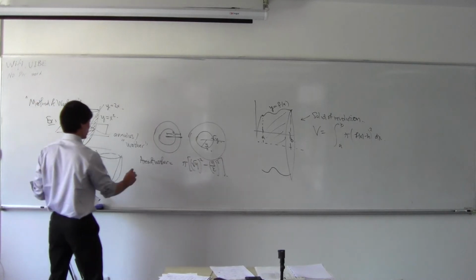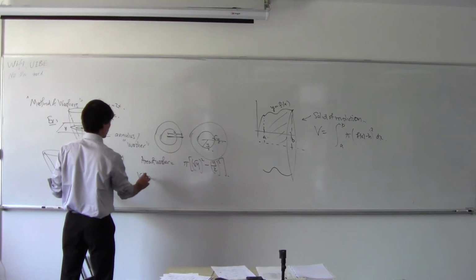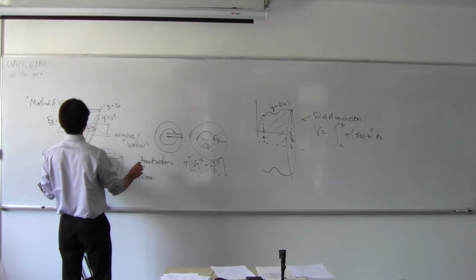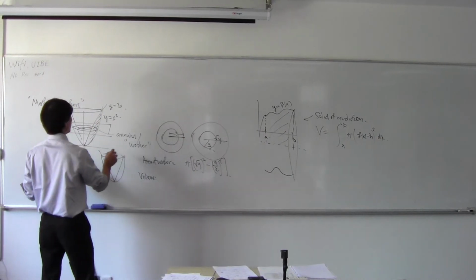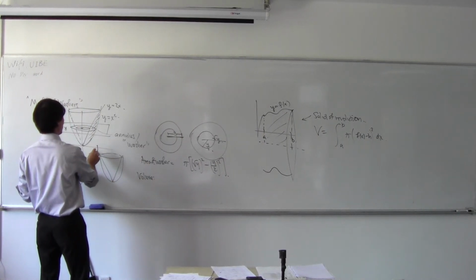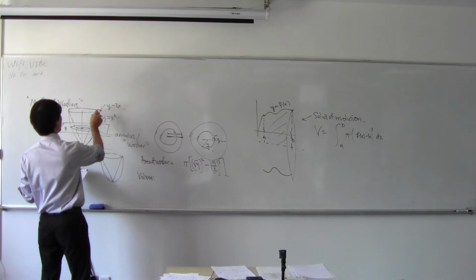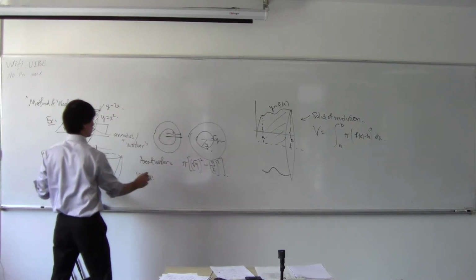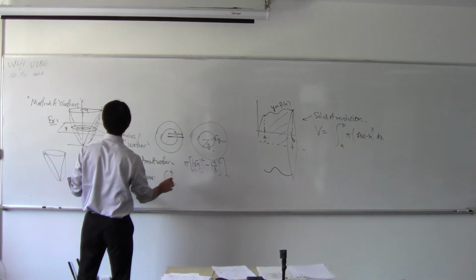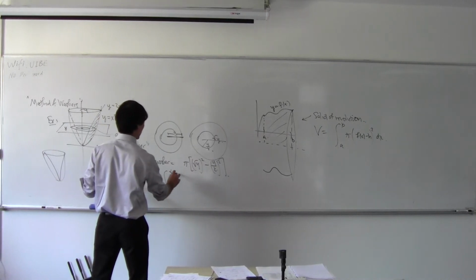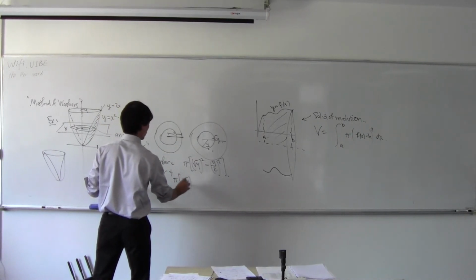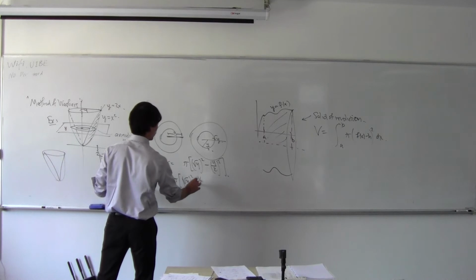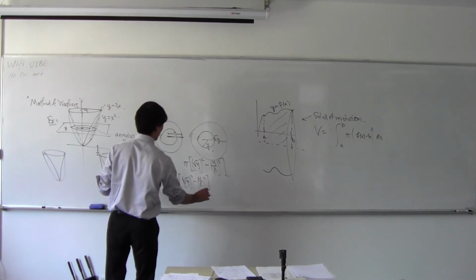Okay. So then you just integrate the volume. The volume is going to be, well, this intersects when x is 2, y is 4. Right? So you get the integral from 0 to 4 of pi big R squared minus little r squared dy. Right?